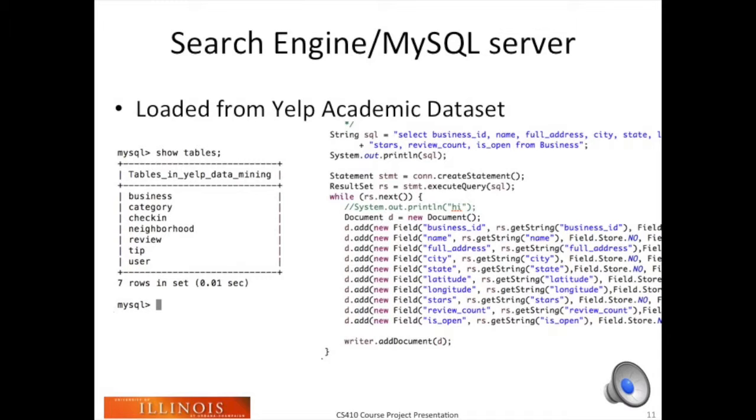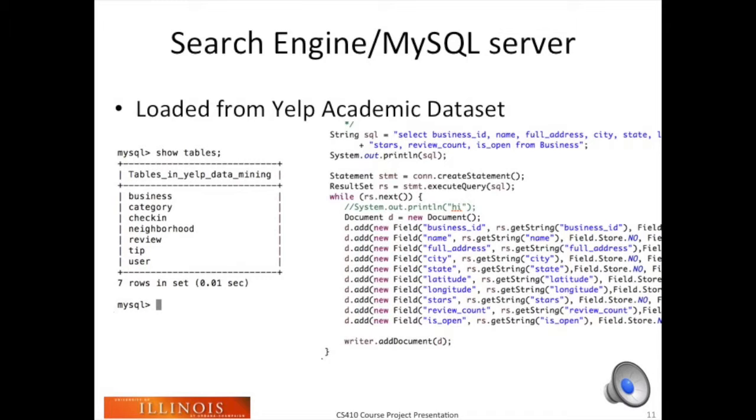So we got our hands on the Yelp academic dataset, which is a dataset of CSV files and JSON files. And so we loaded the Yelp academic dataset into a MySQL server, and we did so using some Python scripts which we found online.